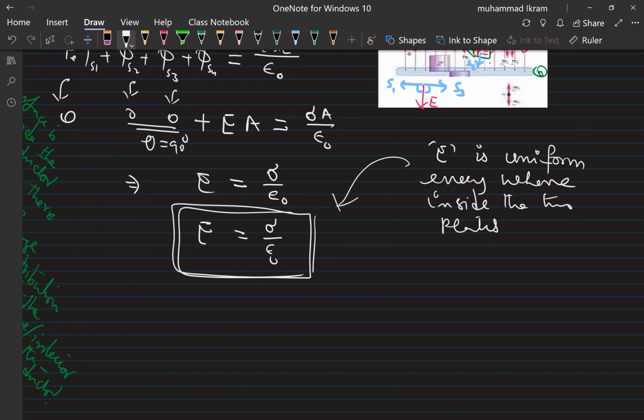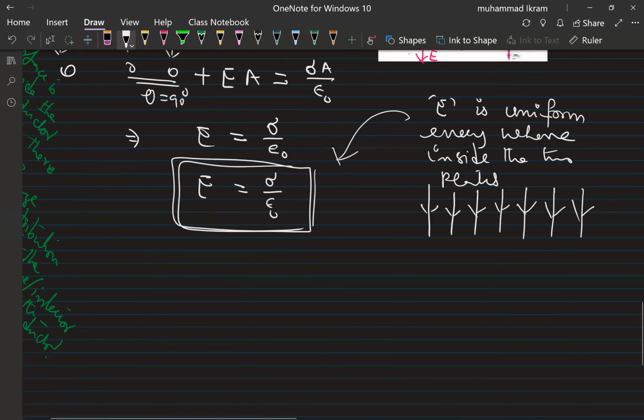And this is why we always draw these equally spaced lines. If you remember, when introducing electric field lines, I told you that when the electric field lines are equally spaced or parallel, then the electric field is uniform there. So one is this result. This is the most important result.